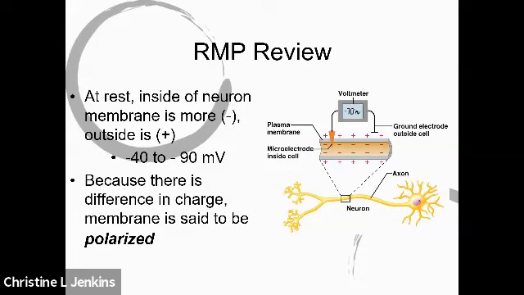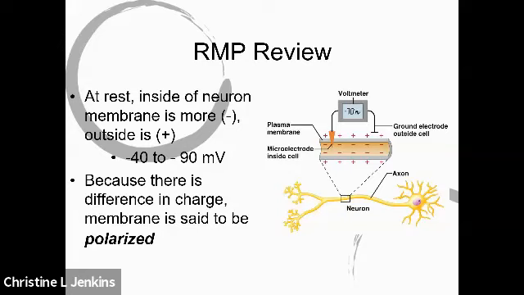So how do we generate this charge? Ions, right? What ions? Potassium and sodium. So it's important that we review this because we're going to continue to talk about these ions.